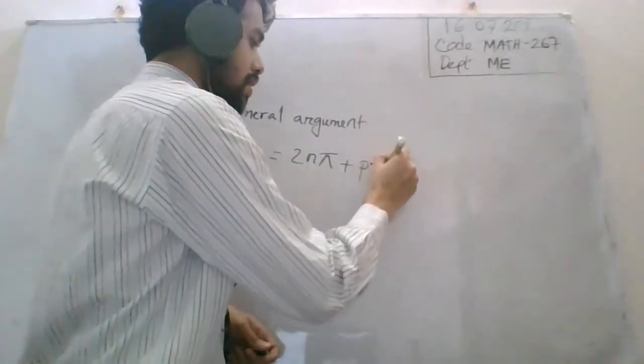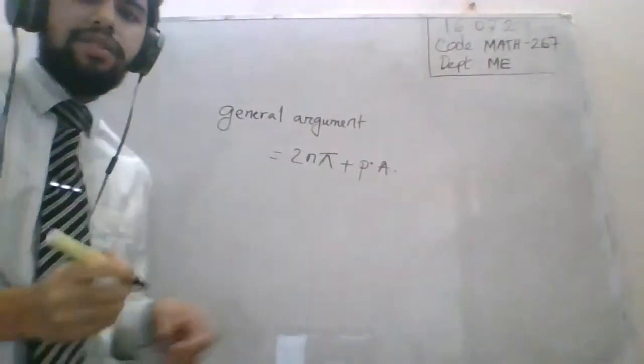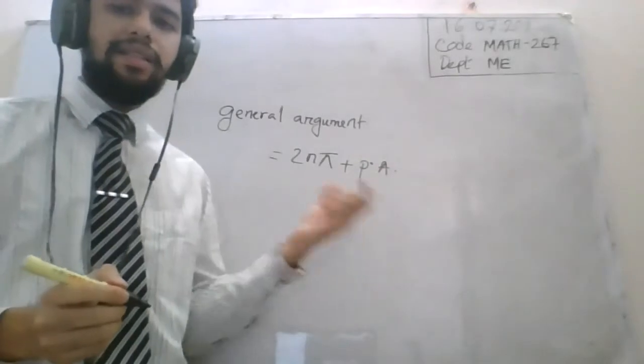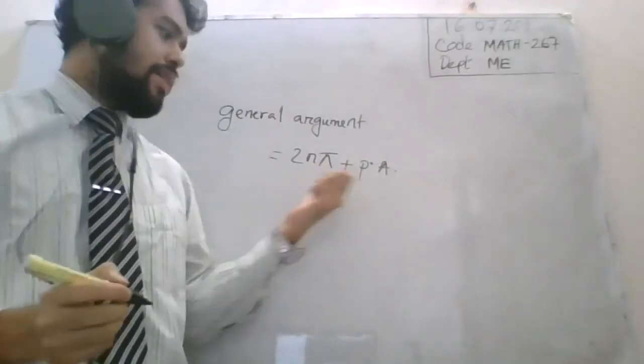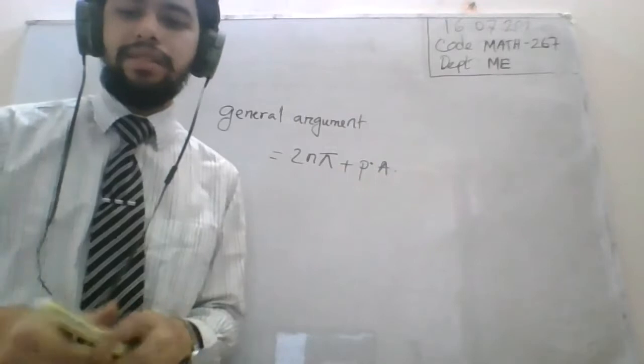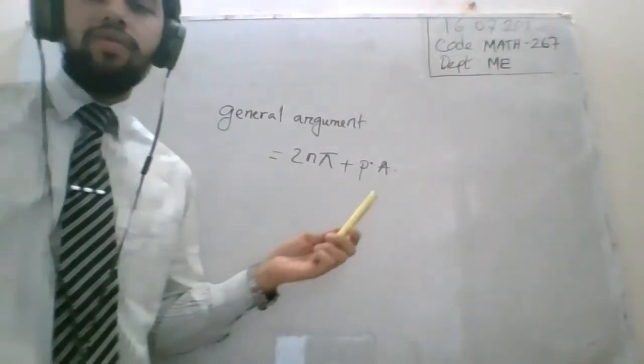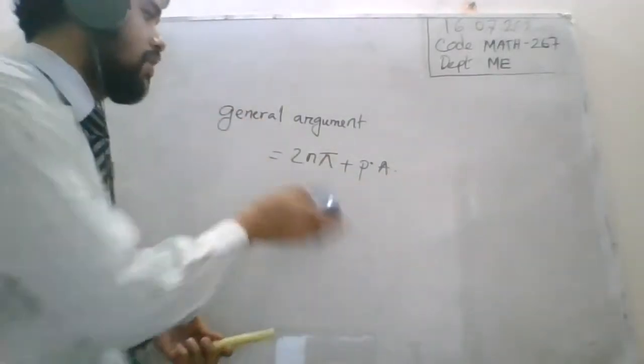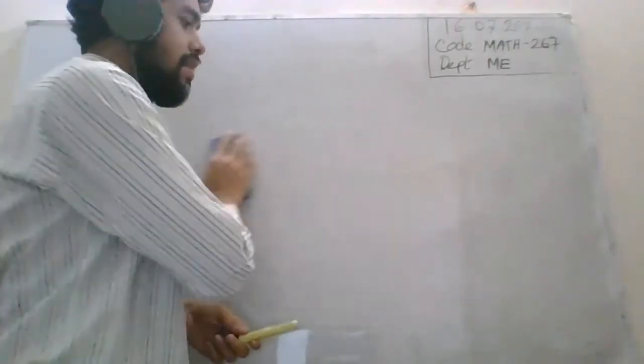The principal argument is just tan inverse b by a. To this we just add 2n pi, where n is equal to 0, 1, up to infinity. Okay, so this is our general argument.